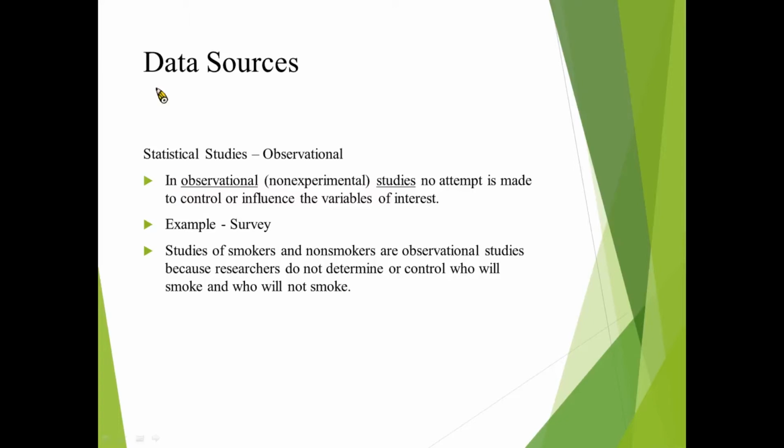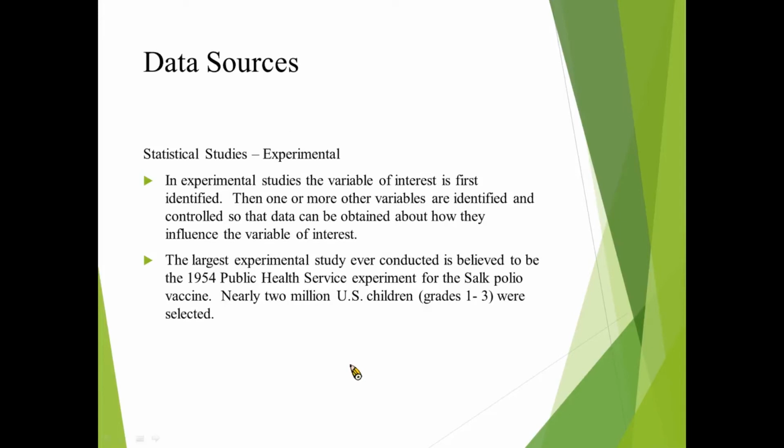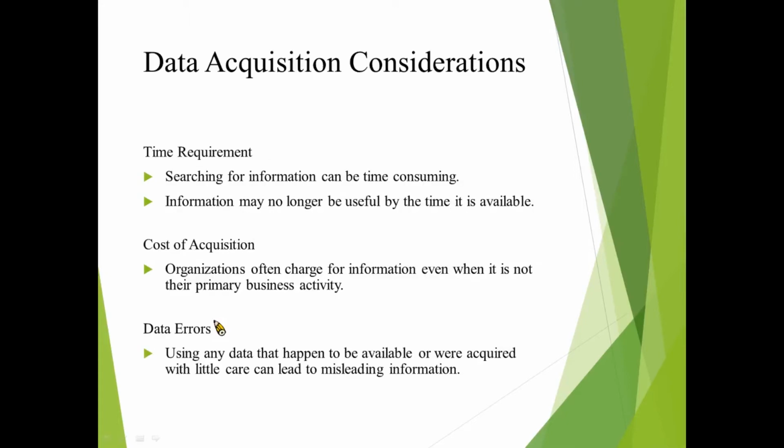Also, you can use an observational study, the survey, like a study of smokers and non-smokers. And it can be experimental. This is the type of the data source and time requirement.